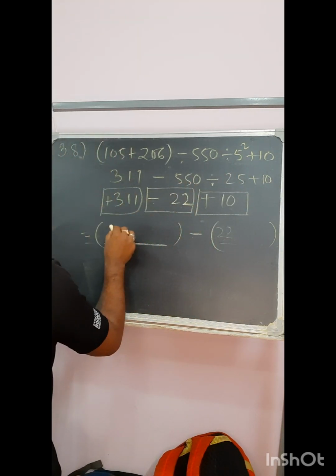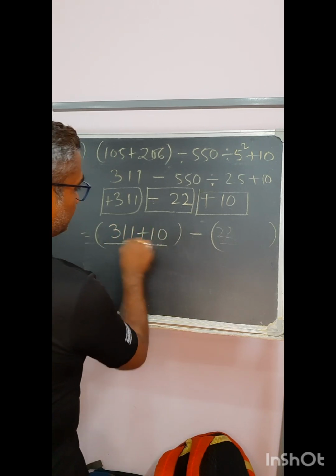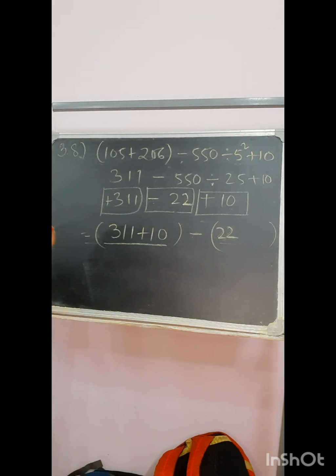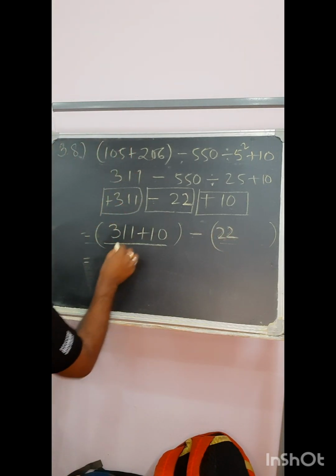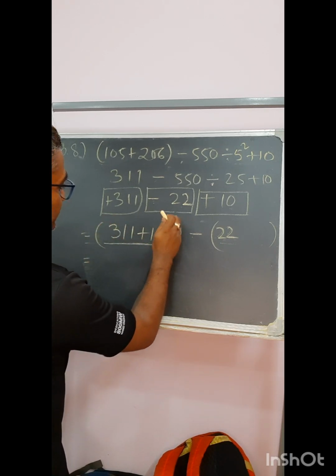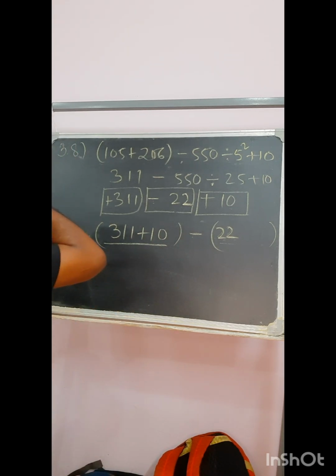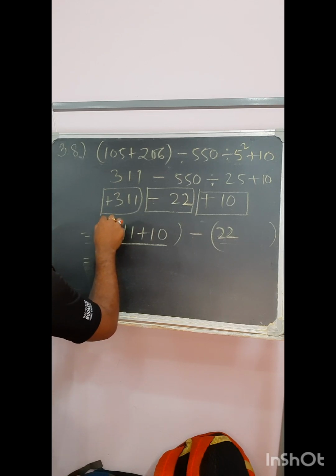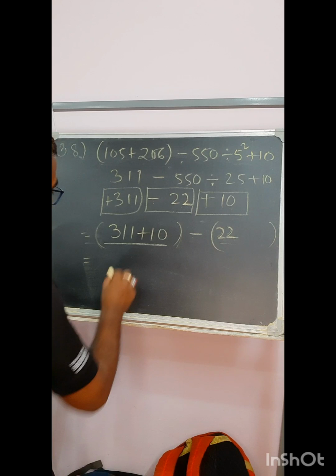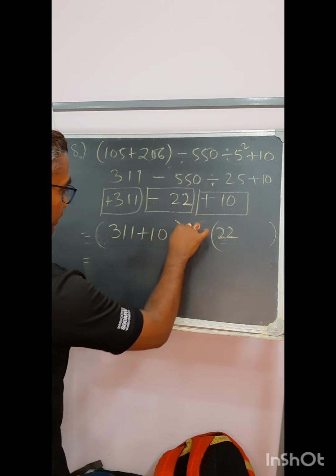The numbers that come under the bracket, all positive together in one bracket, and minus, as it is only 22, I will keep it in one bracket. Here I can bring a bracket to distinguish the numbers. There is no harm in bringing any additional bracket. That will assure you that you have to do the bracket function first and then the subtraction. So there will not be any confusion if you bring an additional bracket here.